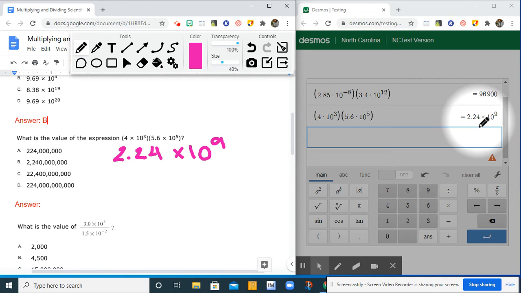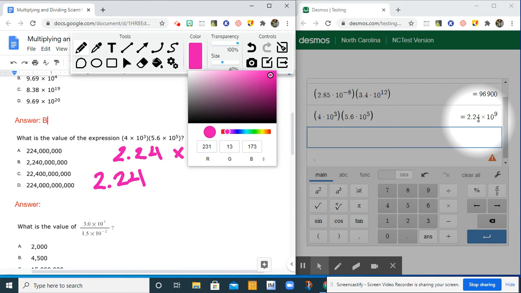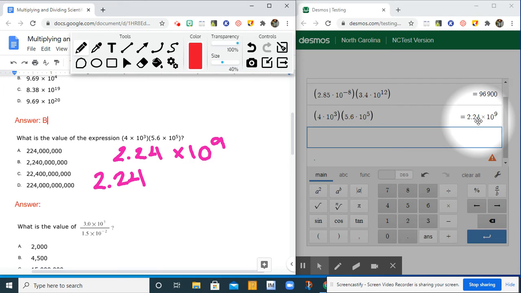That lets me know that I have 2.24, and my place value is going to be changed 9 times. So 1, 2, 3, 4, 5, 6, 7, 8, 9. Okay, filling in with zeros.